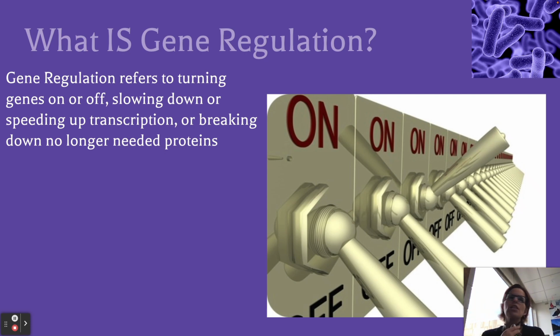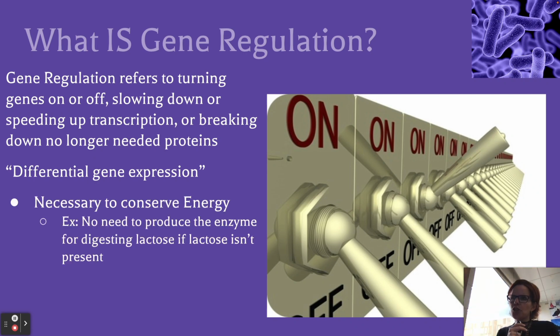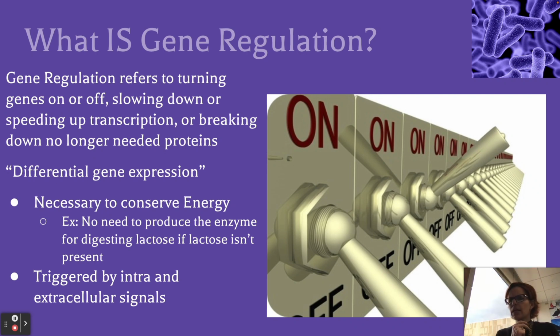Okay, and then gene regulation. I'm not going to go through a whole lot of details on this, thankfully, right? But just the idea that we can stop or turn off a gene in order to conserve energy. So the example that we had was like if we're digesting lactose, if we haven't eaten any lactose, we don't want to be making the gene or making the protein for digesting lactose, because that would be a waste of energy, right?